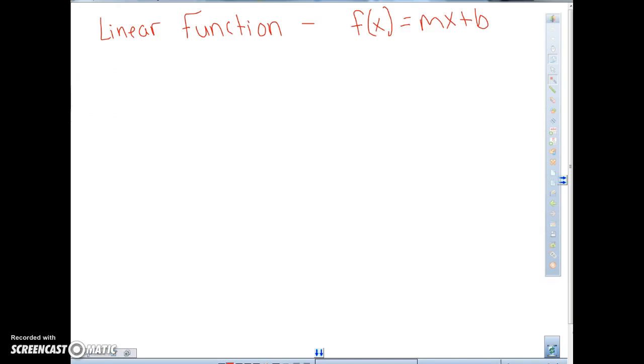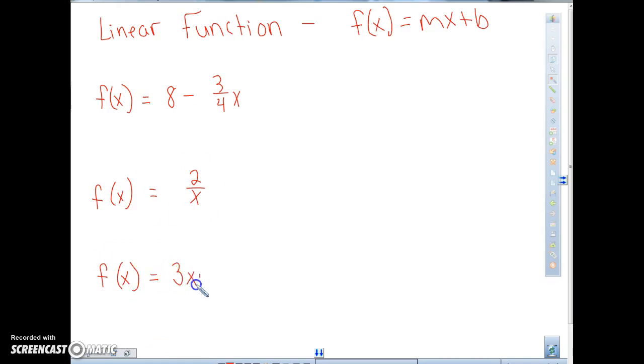So we're going to state whether the following functions are linear functions. The same rules apply to the linear functions as the linear equations.